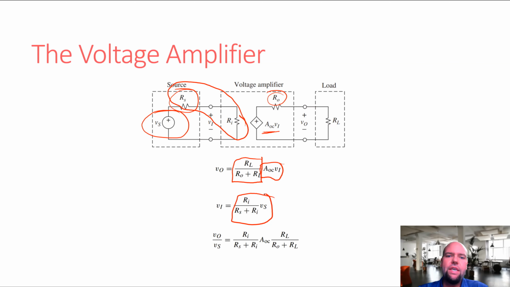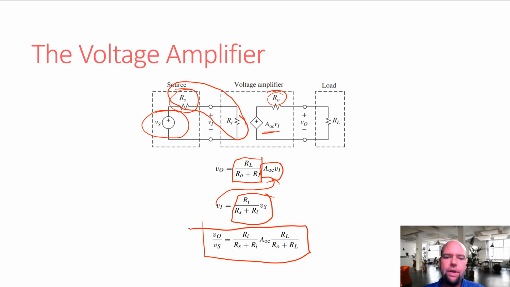Basically, the internal resistance of the voltage amplifier at both its input and its output, coupled with the resistance of the load or the resistance of the source, produces these kind of voltage dividers at both ends of our voltage amplifier. Combining these 2 equations together, plugging this in here, we get this equation for the overall gain of this amplifier system.